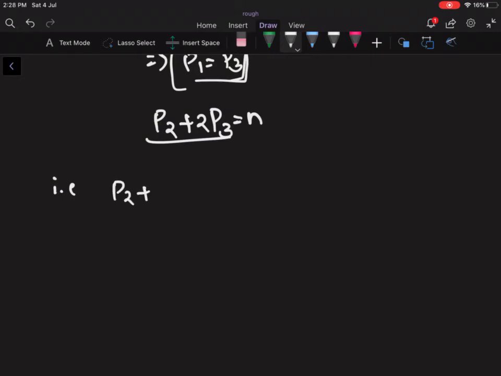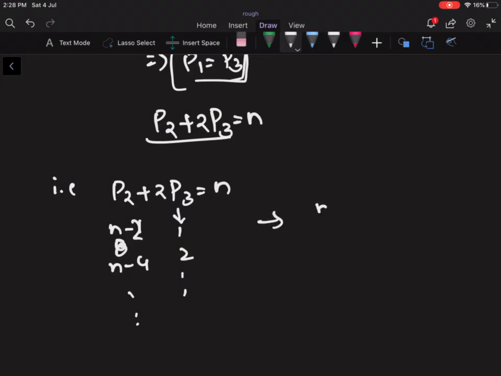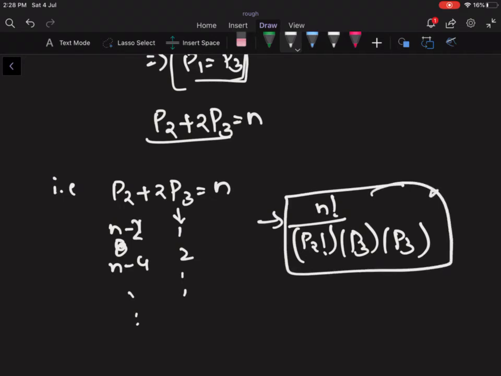It can be found in this way. You put p3 equal to 1, and p1 will be 1, p2 equal to n minus 2; p3 equal to 2, p2 equal to n minus 4, and so on. And for each of the cases, you will find n factorial by p1 factorial, p2 factorial into p3 factorial into p3 factorial. And this term can be found in O of n.